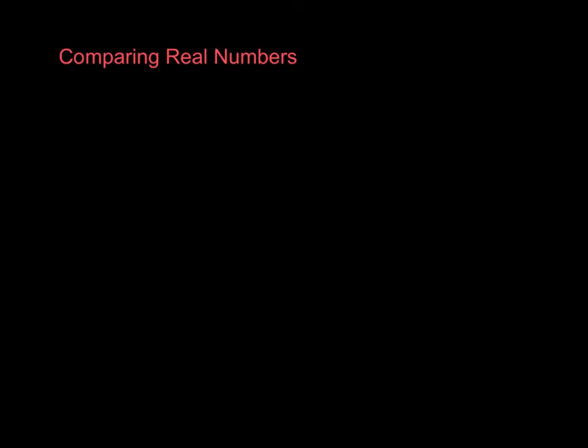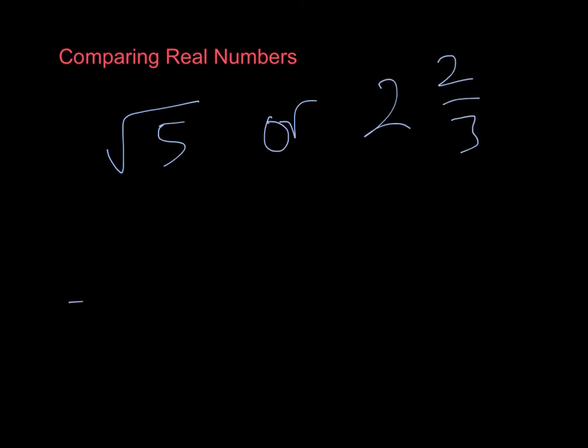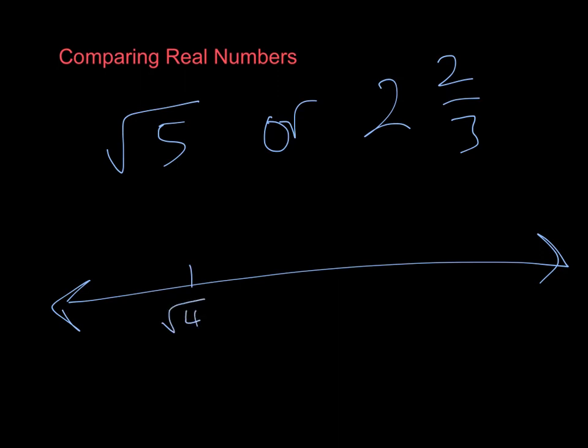So we can use these same ideas that we've been talking about to compare real numbers. So if we want to know which is greater, the square root of 5 or 2 2/3, well, draw a number line, and the square root of 5, well, that's really close to the square root of 4, which is 2, right? And this 3 would be the square root of 9.